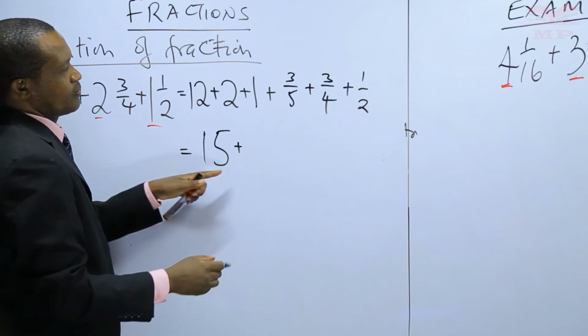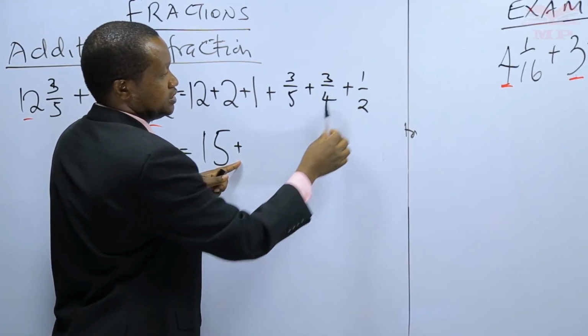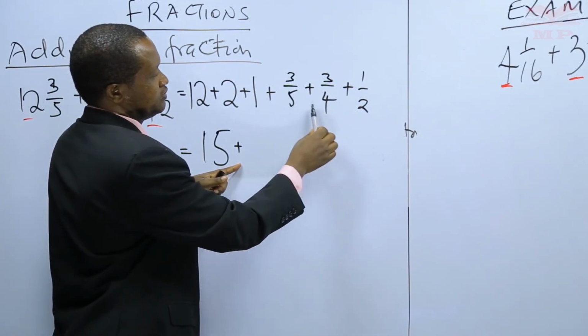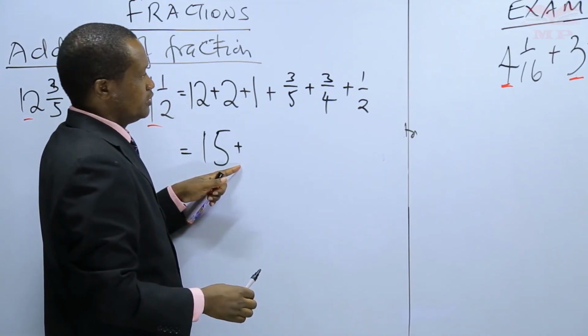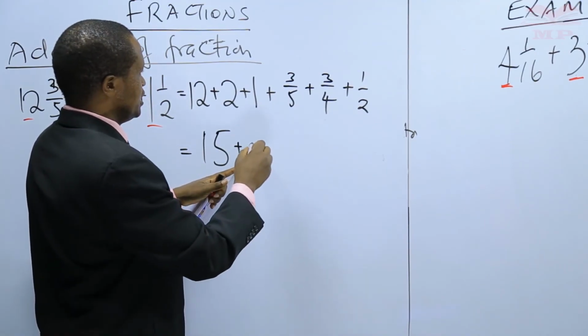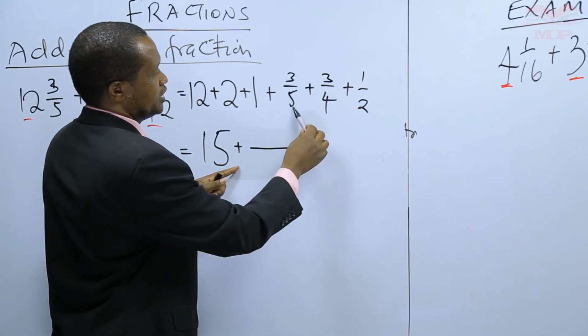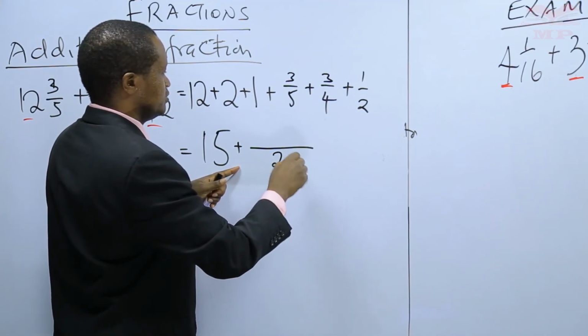Plus the fractions added separately: 3 over 5 plus 3 over 4 plus 1 over 2. These fractions have different denominators, 5, 4, 2. So we get the LCM. The LCM of 5, 4, and 2 is 20.